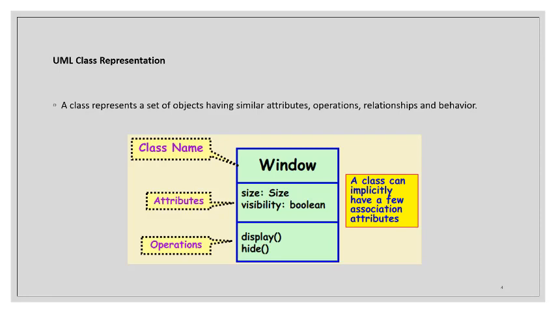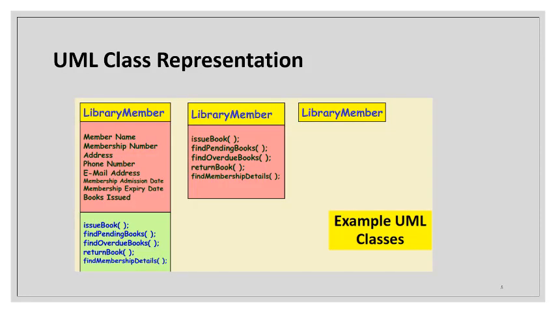Now here is the example of different types of class. This is LibraryMember, with three types of representation. Here we know only the name of the class, and look that there is no blank space between Library and Member, between these two words. So keep in mind when you are writing the name of the class, it should start with a capital letter for each and every word, and there should be a single name for the class.